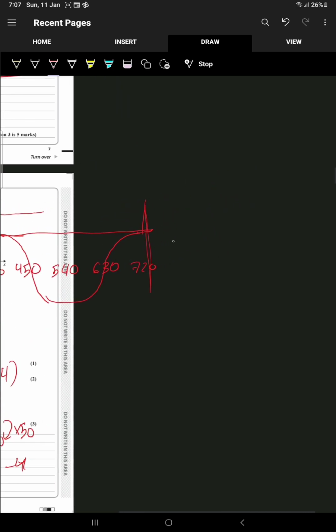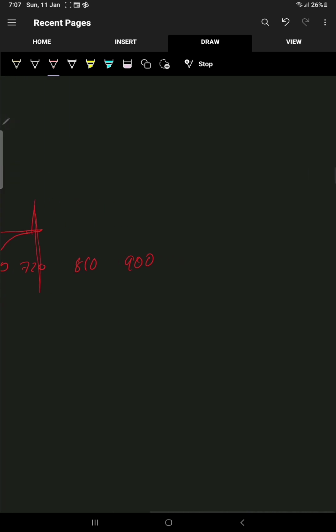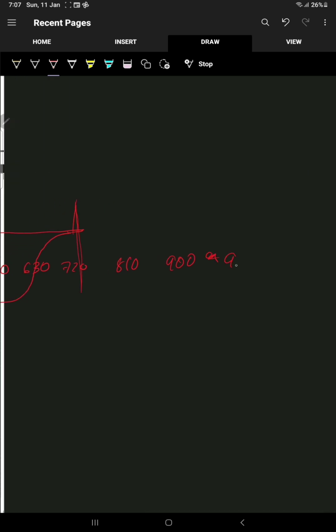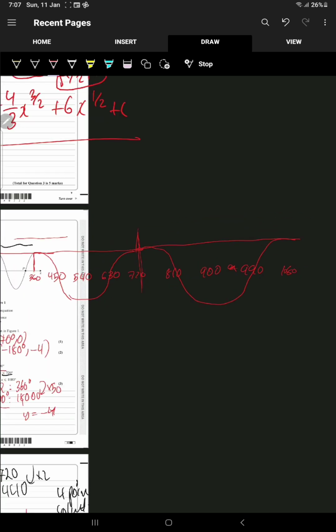We can draw a further sketch as well. 720 plus 90 is 810, and 810 plus 90 is 900, plus 90 is 990, and plus 90 is 1080. We can draw a further sketch here and a further extension to the line.